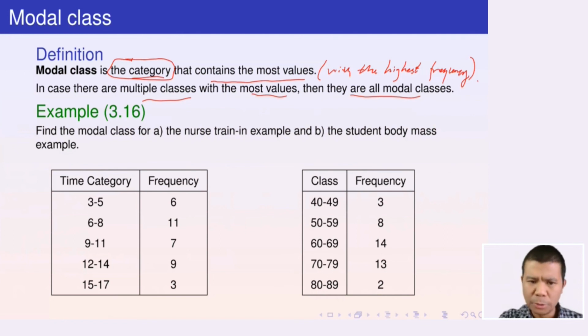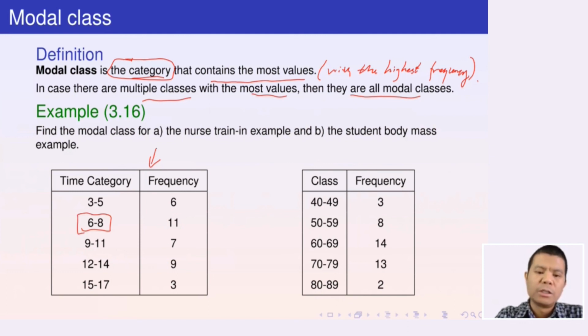Consider this simple example. In this nursing training example, what is the modal class? Is that 11? 11 is the highest frequency, but the modal class is the category with the highest frequency. So the modal class is a category. It is 6 to 8.